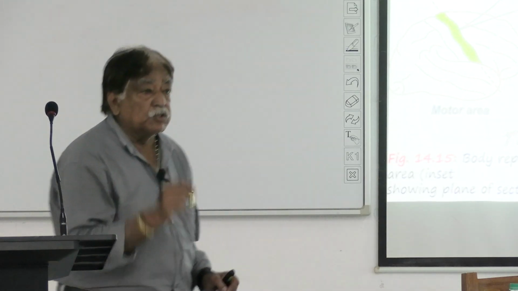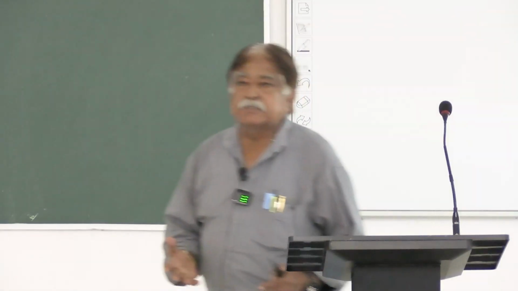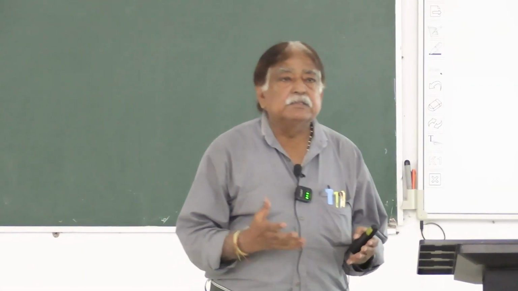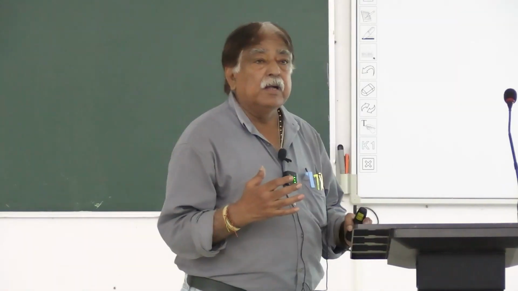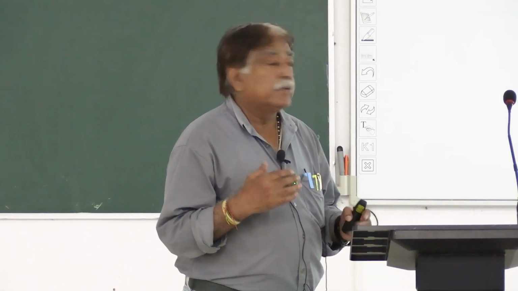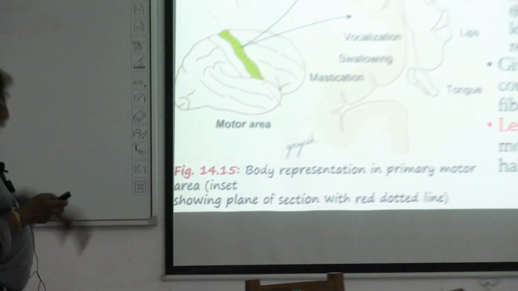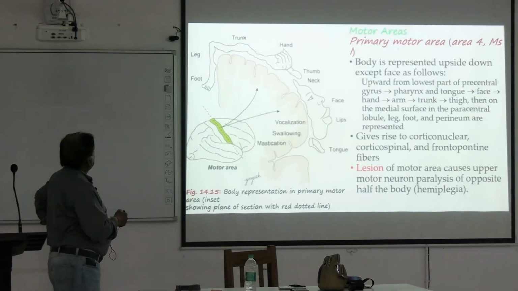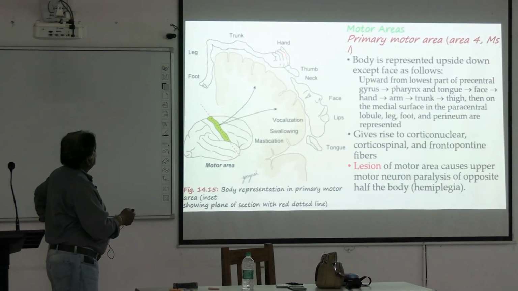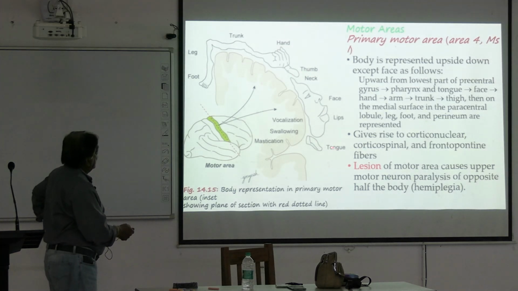But clinically, at least on the spot, for your own interest, you try to see and visualize which area has gone wrong. Now, this is the leg portion, this is the foot, trunk, this is the hand, thumb, neck, this is the face, beautiful, the tongue.